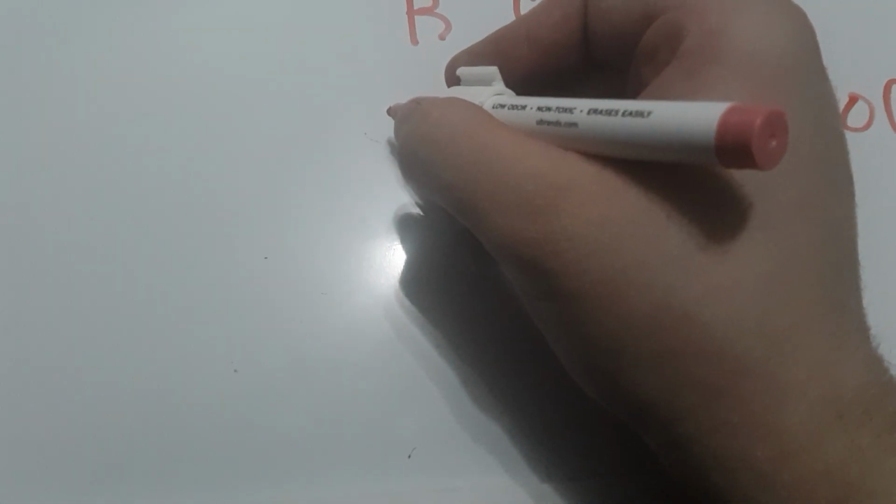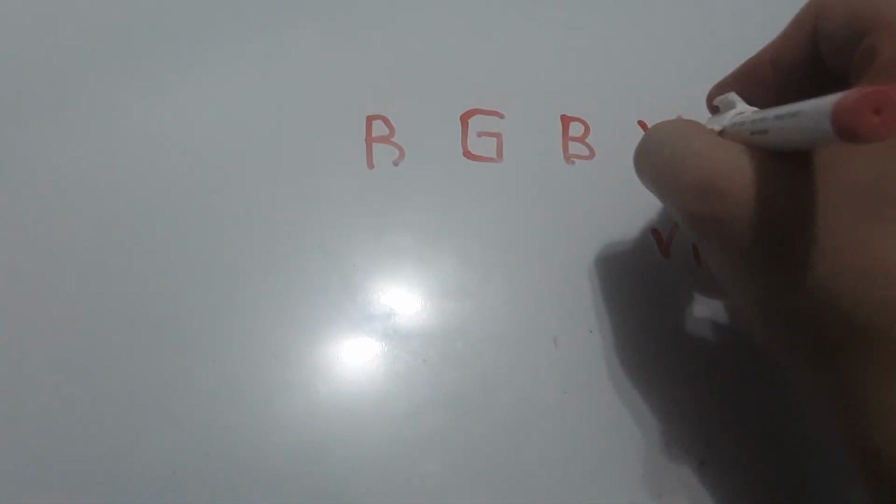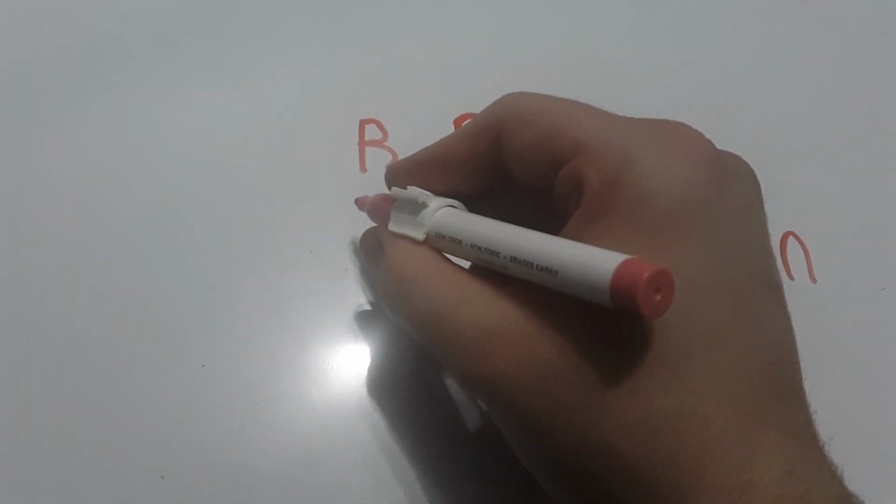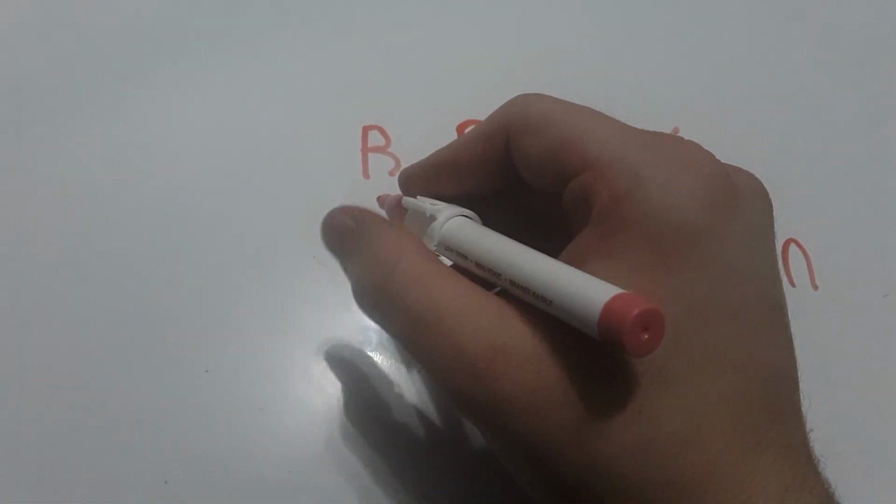So what you could do from that is you would have 4 primary subtractive pigments based off of this. And here's what they would be.